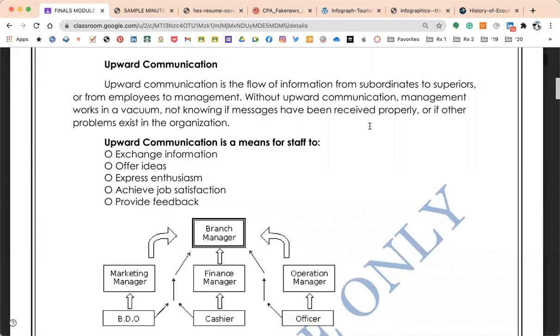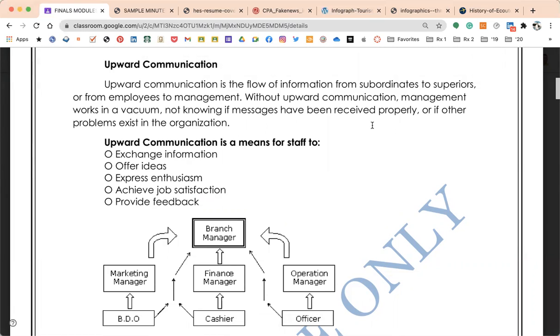Without upward communication, management works in a vacuum. We do not know if our messages have been received properly. So it's really good to open up communication from the subordinates up. You put a suggestion box, or if you have comments, this is your hotline.